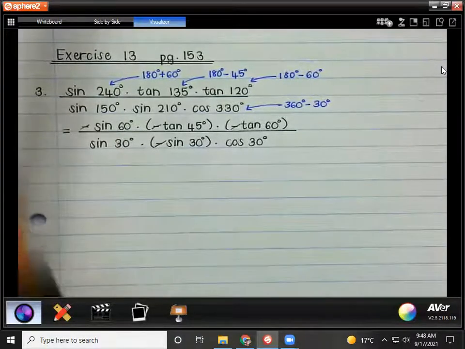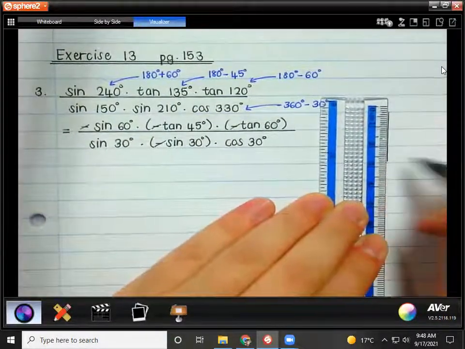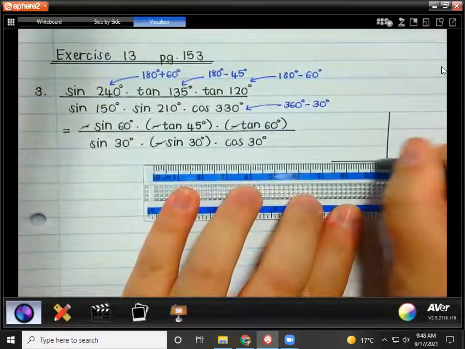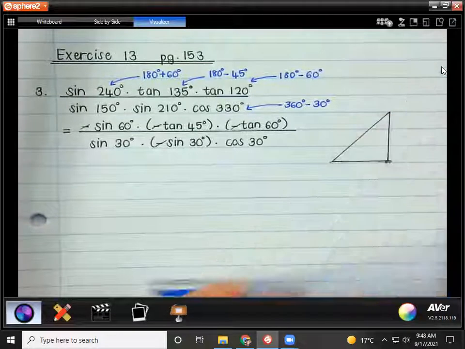Okay, now we need our triangles, which I hope you know off by heart by now. If not, you're definitely going to have to know them for Monday.